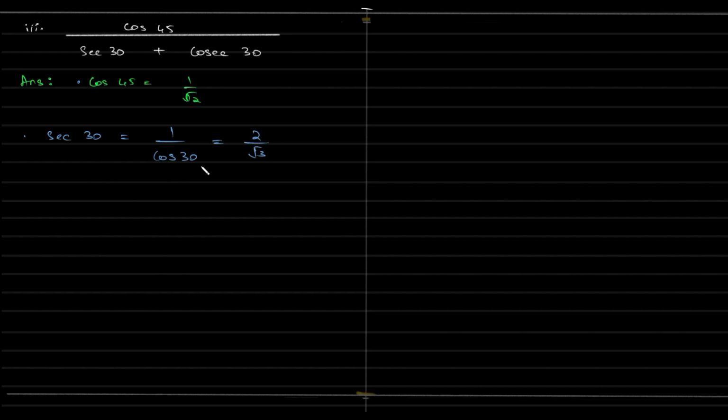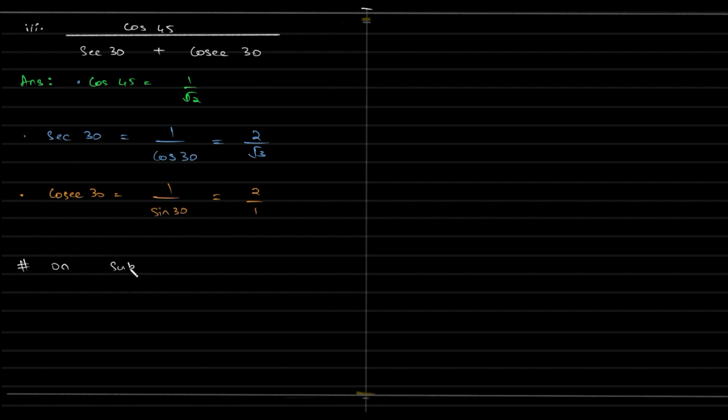It will be the inverse of cos 30. As simple as that. So you need not memorize the other trigonometric ratios separately because they're just the inverse of the first 3. So this is sine 30, which is 1 by 2, and its inverse is 2 by 1. As simple as that.